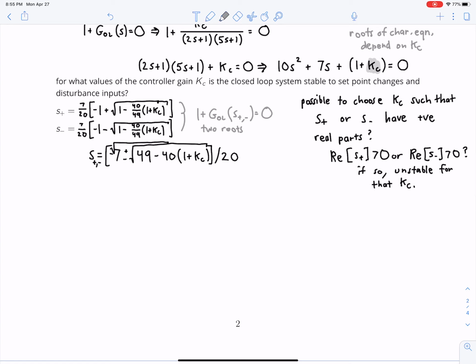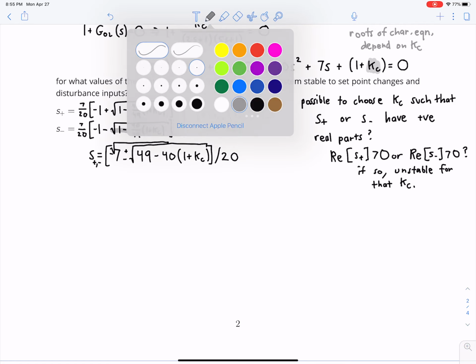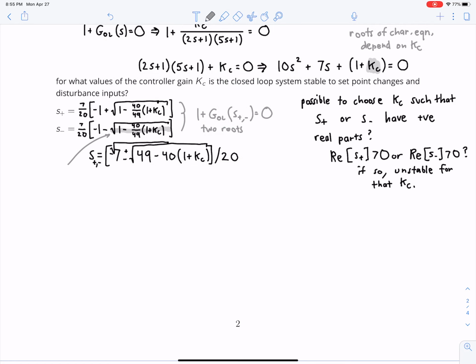Okay, and we can look at this term here, inside the radical. Including the radical, this will always be either positive or purely imaginary. And that holds for both of these.